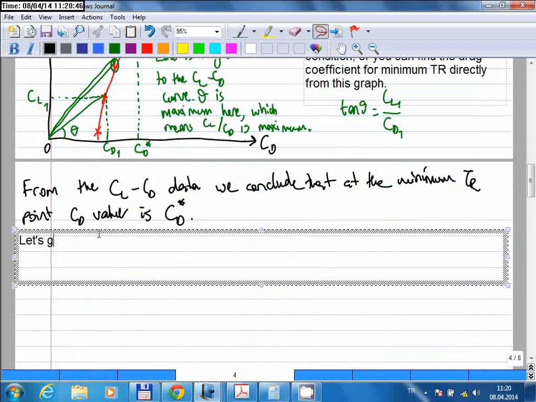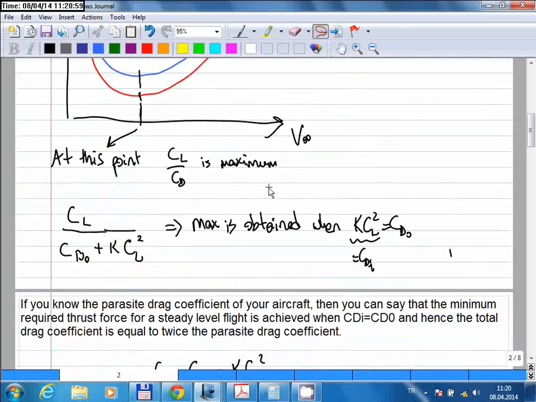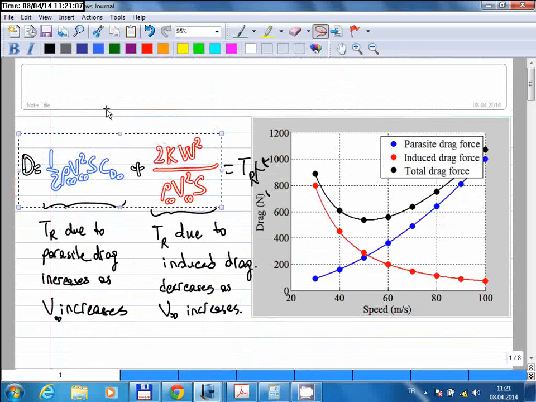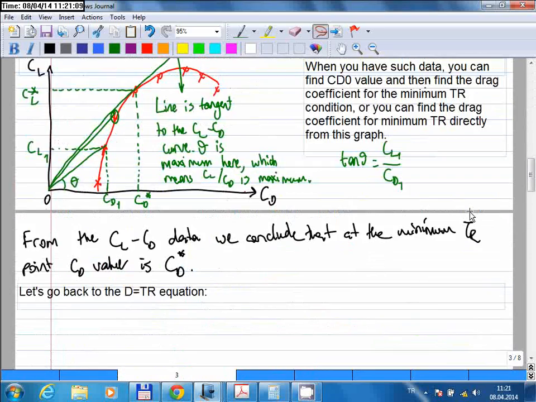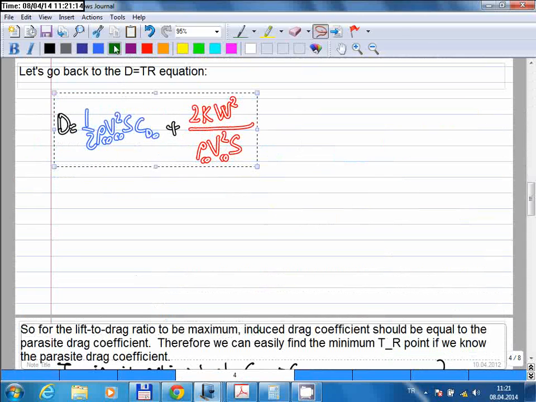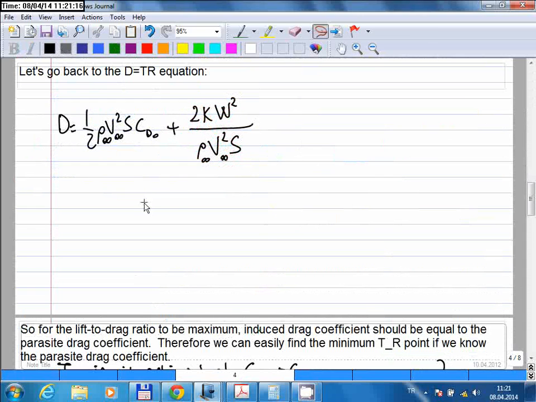Now let's go back to the drag is equal to TR equation. Let's make it all black.